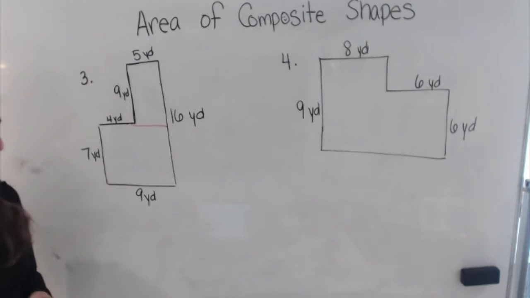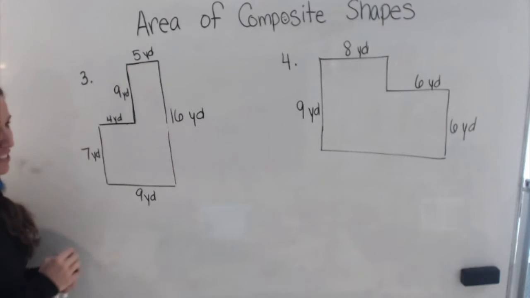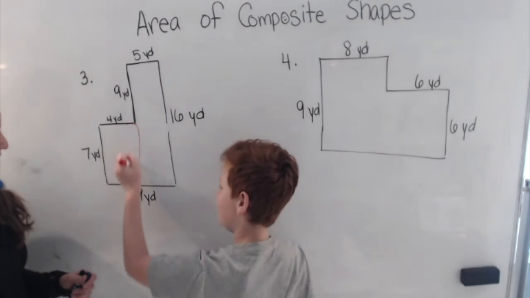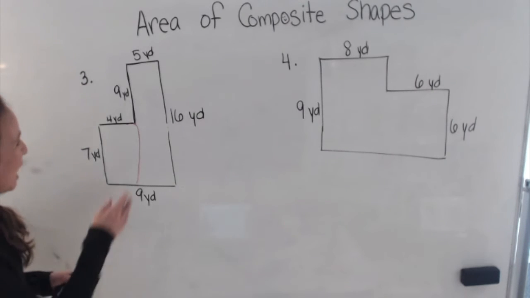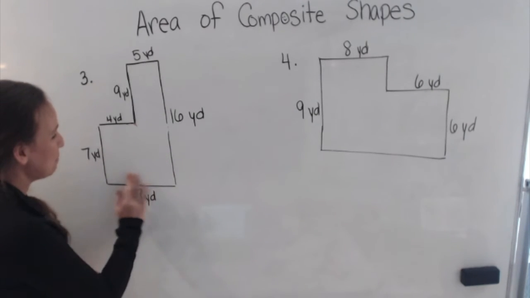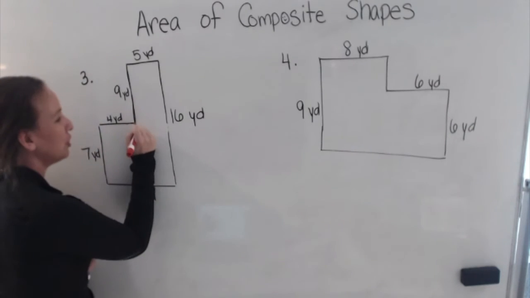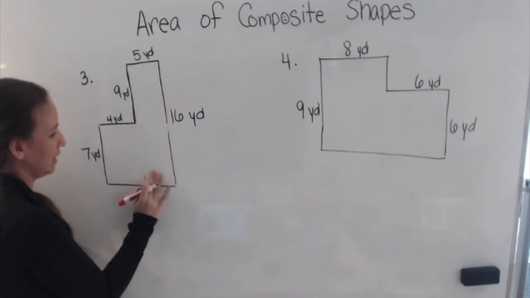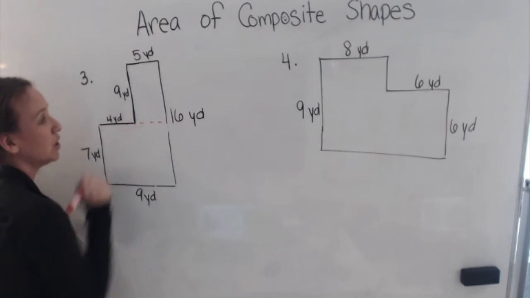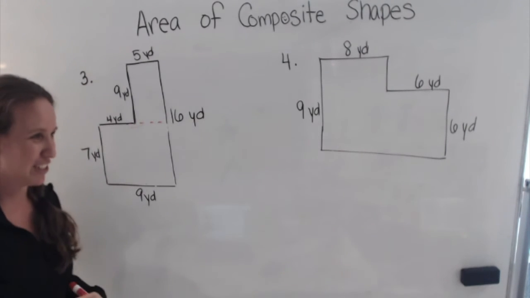Where else can you have possibly drawn a line to separate it as 2 rectangles? Well, it's not straight. He's absolutely correct. Here, pass me that marker back. You could draw a line here, or you could have drawn your line here. Whichever way you draw it, I promise you, you'll get the same answer.